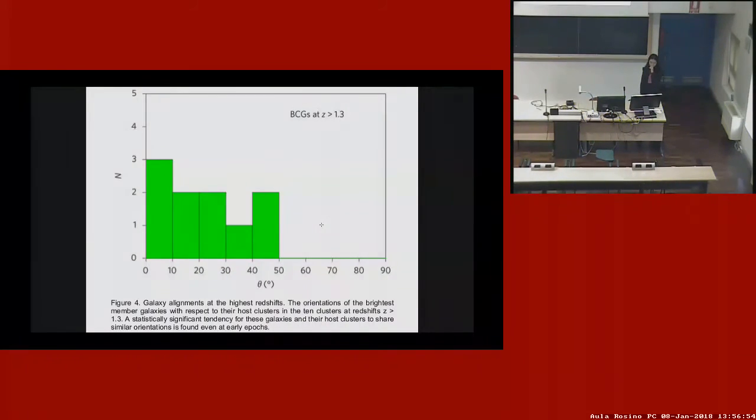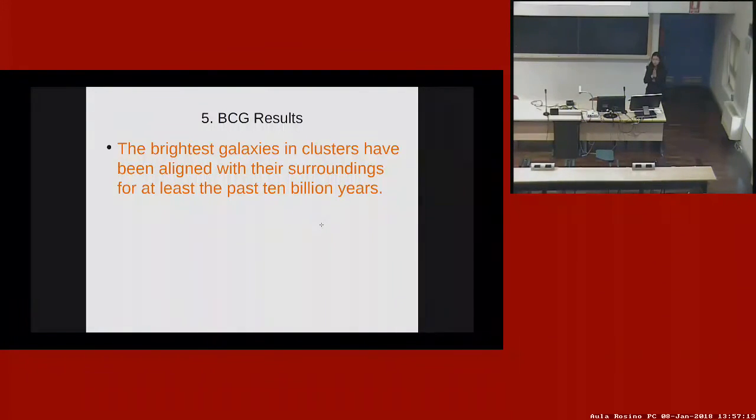There is also a very strong tendency that this galaxy and their host cluster share the same orientation, even in the very early epoch. So finally, about the BCG, they conclude that the brightest galaxy in the cluster has been aligned with its surroundings for at least the past 10 billion years.